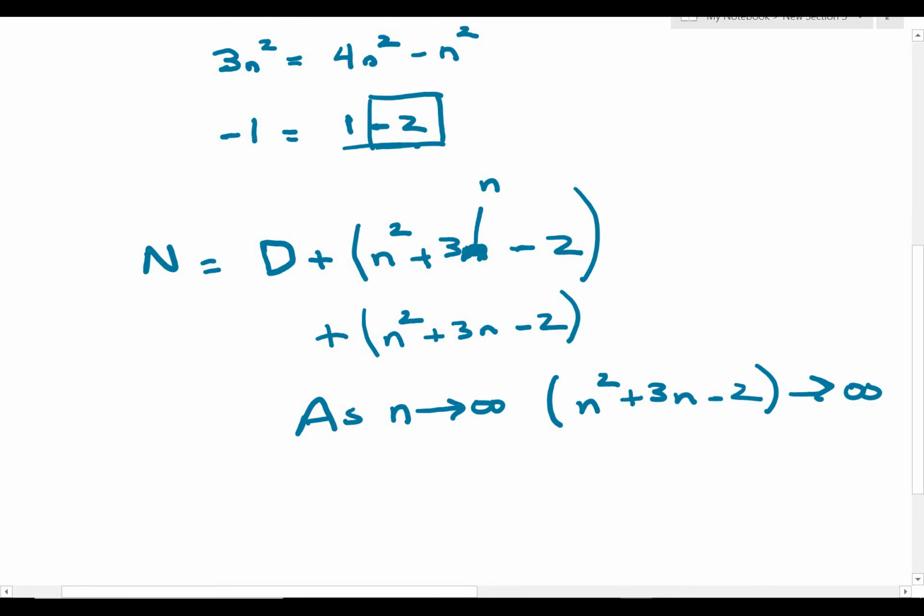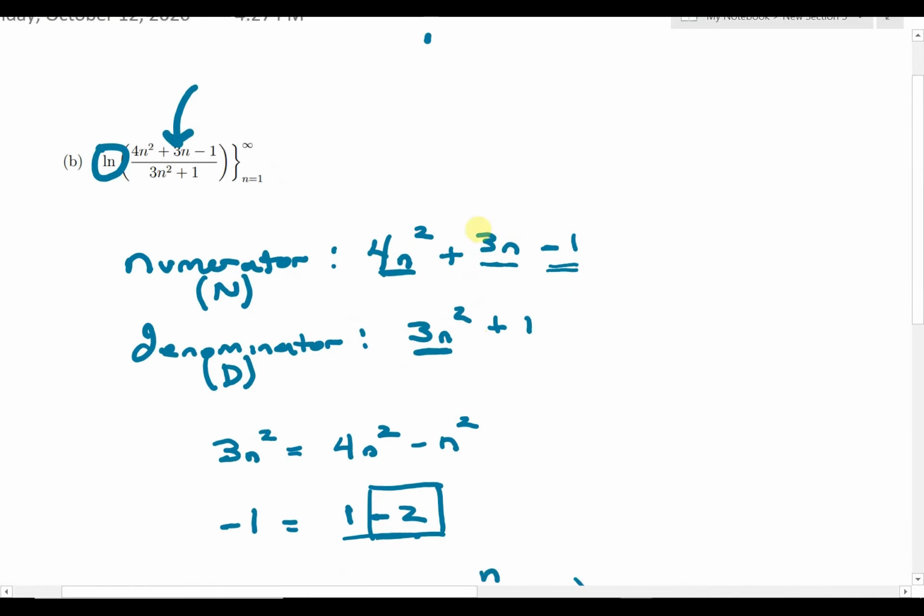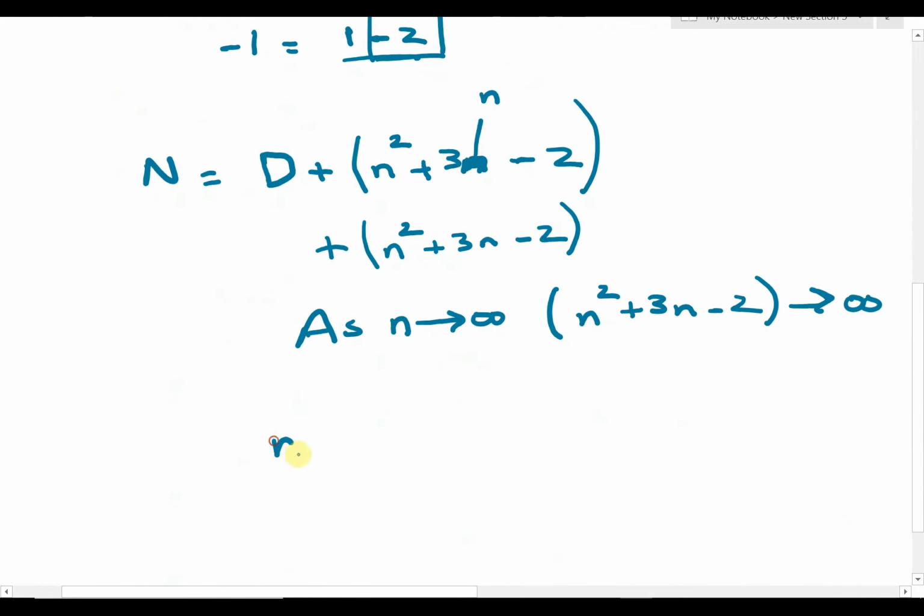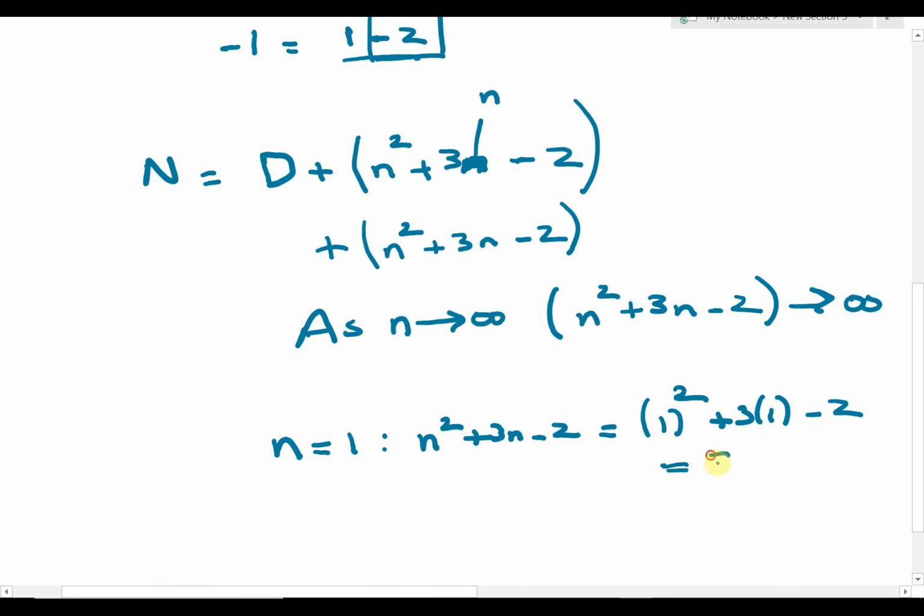So therefore the separation, let's say this is from n equals 1 to infinity. You start with the base case, n equals 1. Well, n squared plus 3n minus 2 equals 1 squared plus 3 times 1 minus 2, which equals 2, which is greater than 0.